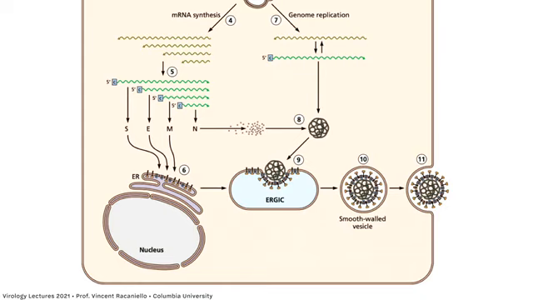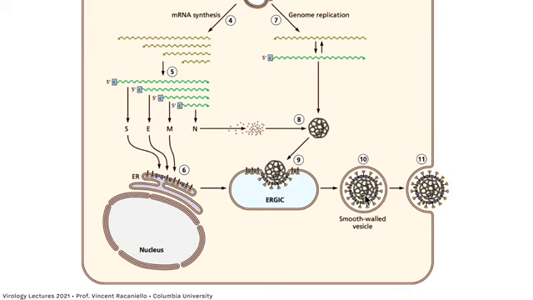Let's take a look for coronaviruses. We have talked about their genome replication, their mRNA synthesis. At some point, you're making the glycoproteins in the ER, and they get shuttled through the Golgi. This is the ER-Golgi intermediate compartment, the ERGIC, between the ER and the Golgi. So now we have viral glycoproteins there, and the nucleocapsid is assembled in the cytoplasm. It's a plus-stranded genome plus the nucleocapsid protein, and that simply attaches to the outside surface of the ERGIC where the viral glycoproteins are.